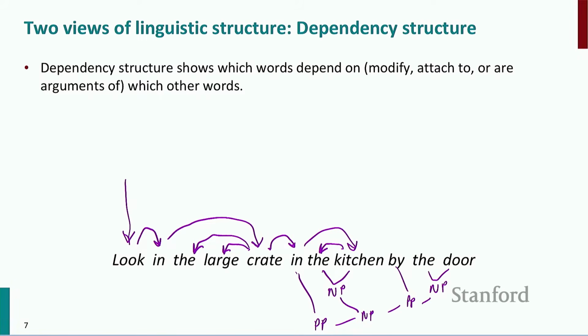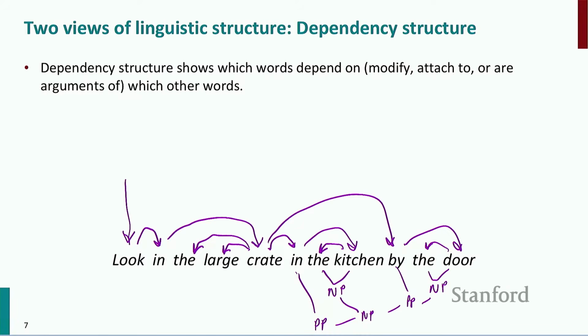And then we've got over here the by the door. Well, by the door is also modifying crate, so we've also got a link down over to here, and that gives us our piece of structure here, which, having filled that in, makes me realize I actually got it wrong when I was doing the constituency representation. Whoopsie.